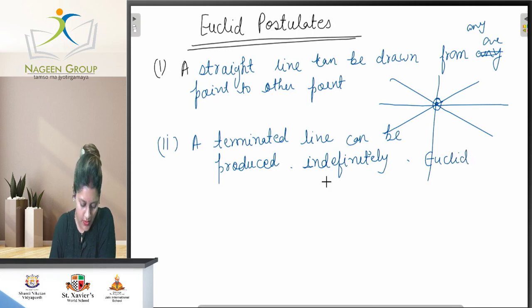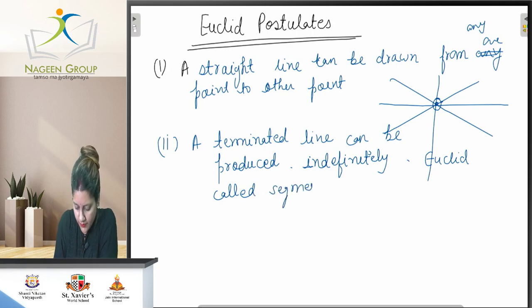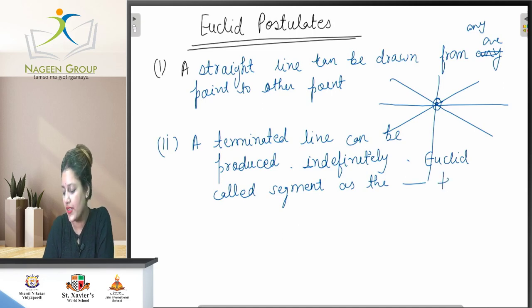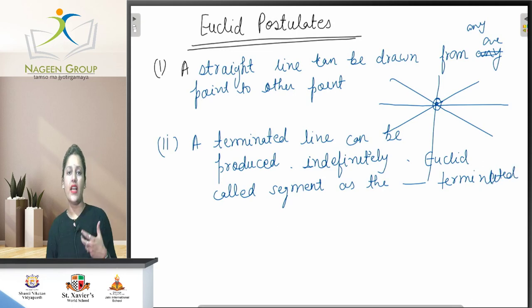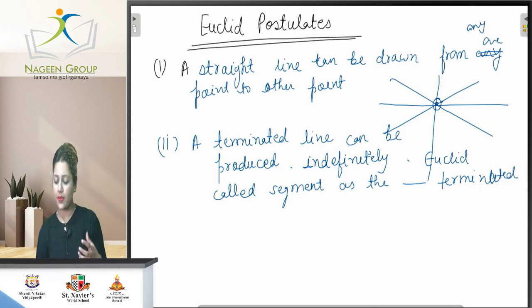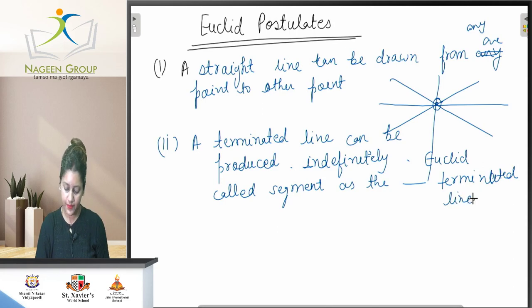Euclid called a line segment a terminated line. It means Euclid called the line segment by another name, a terminated line.